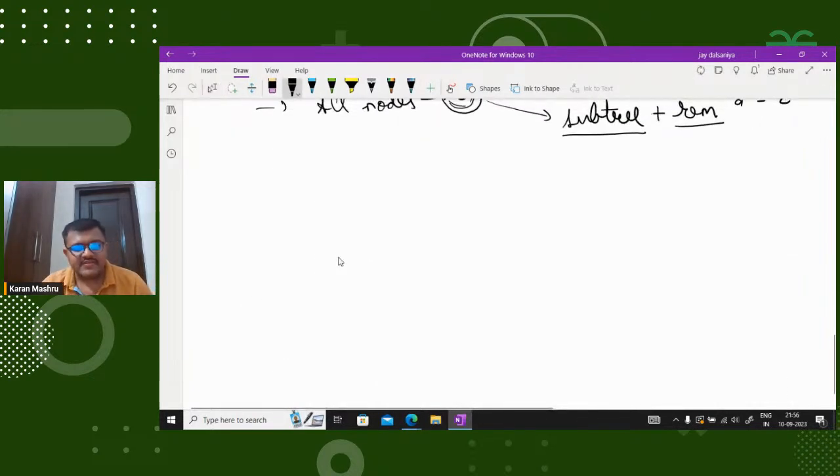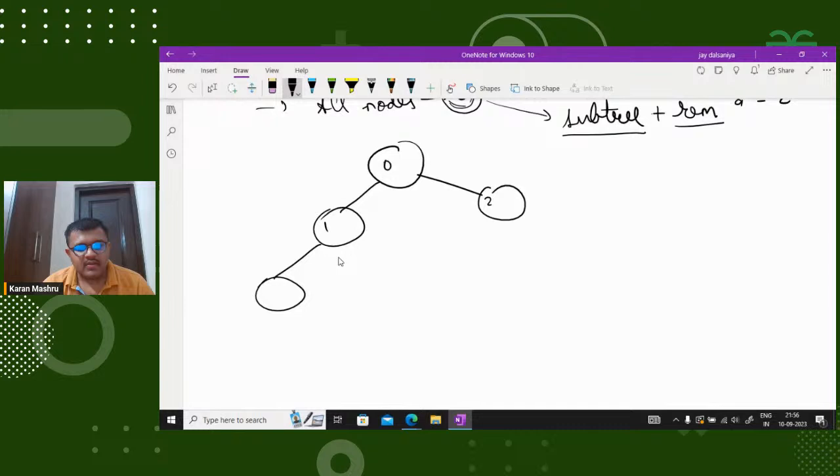If we look at our example, this is 0, this is 1, this is 2, this is 3, and this is 4. This has A, this has C, this has C, this has C, sorry, this has A, and this has A. What would be my answer?